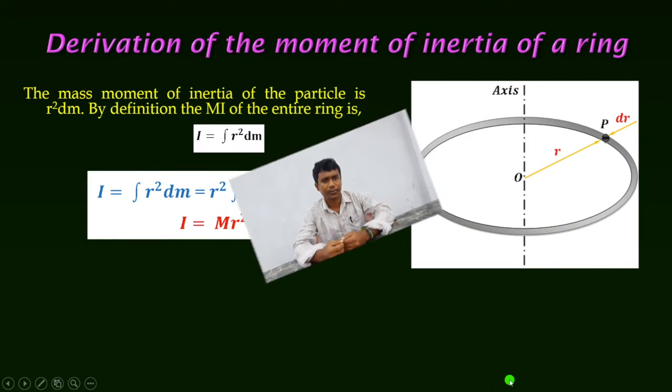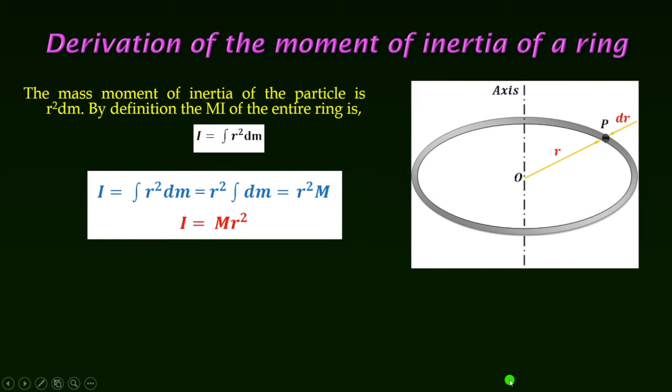Now we'll find out the mass moment of inertia in terms of mass of the rigid body and the distance of the axis. You know, the mass moment of inertia I equals integration of r square dm, or summation of r square dm.